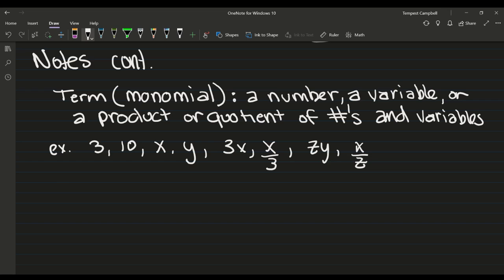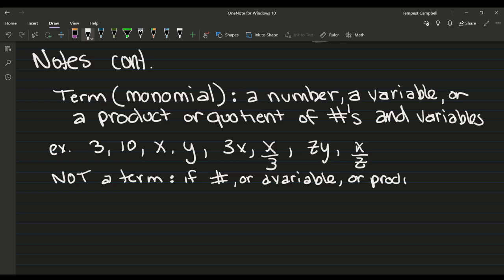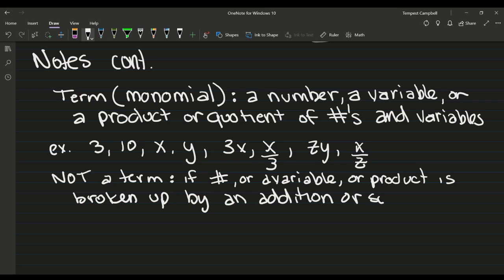The only time when you have not a term is when a number or a variable or a product is, I guess a non-math term, broken up by an addition or subtraction sign.